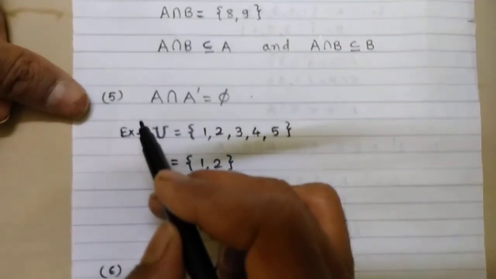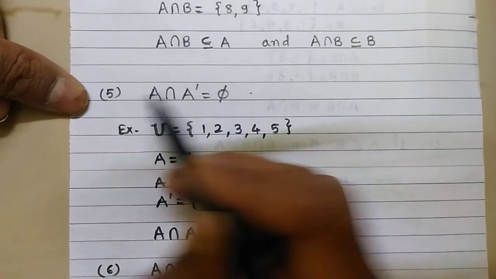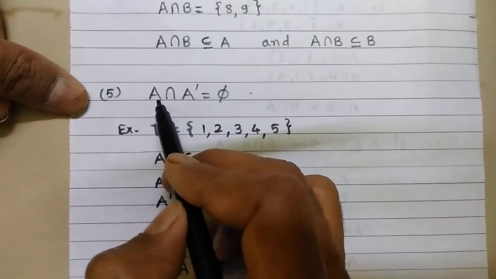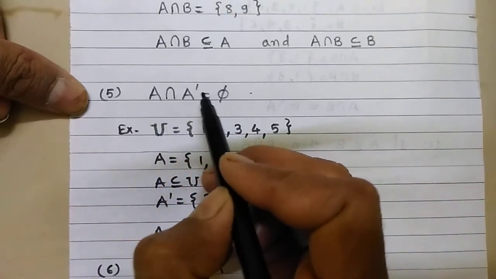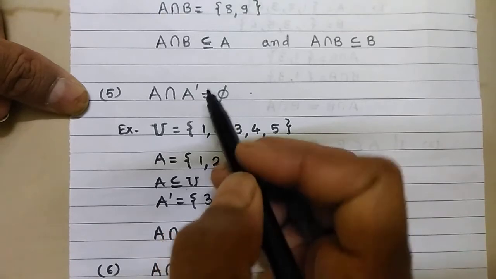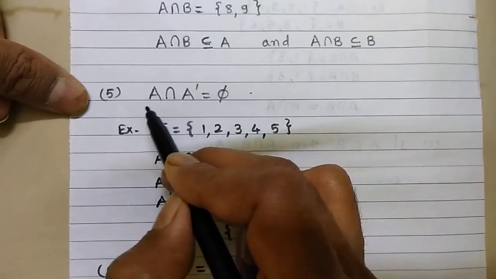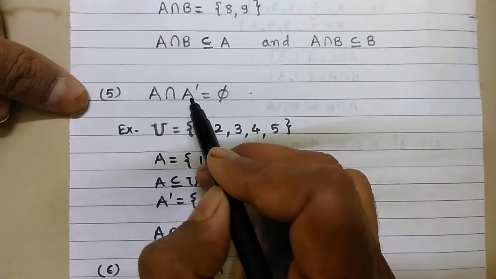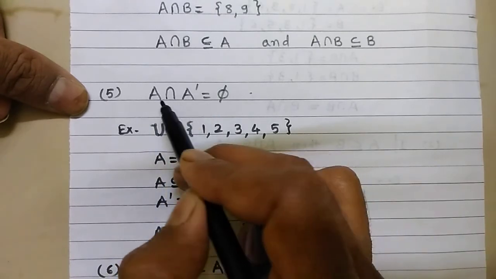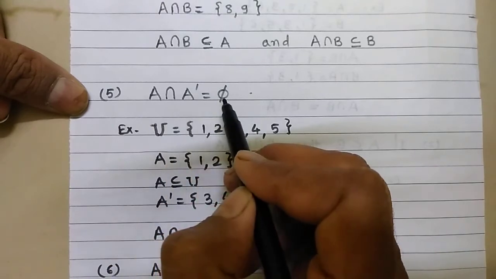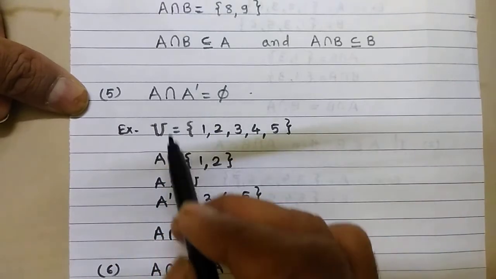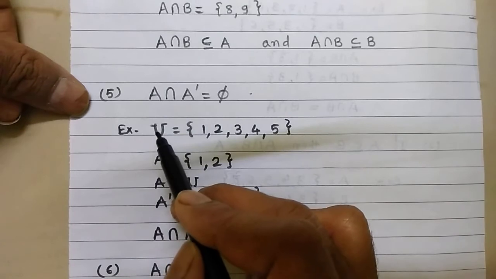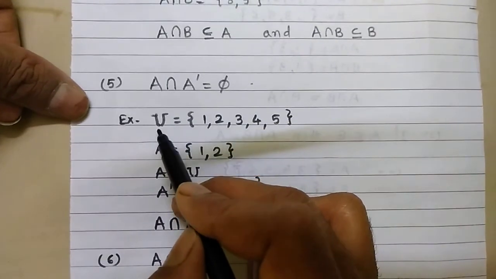Now fifth property. A intersection A dash is equal to phi. What is the meaning of this? The given set and its complement set, the intersection of these two is the empty set. To learn this property, I have prepared this example.